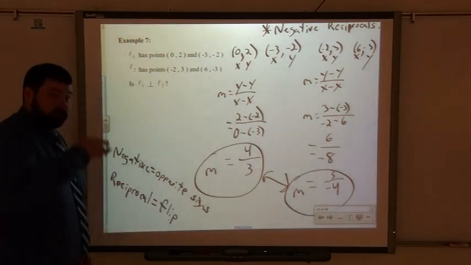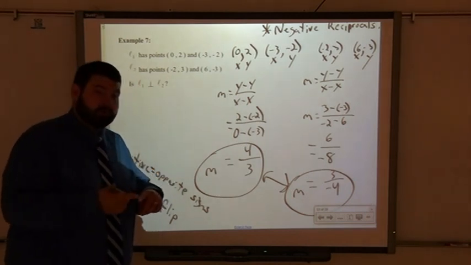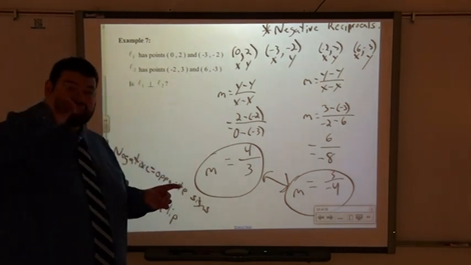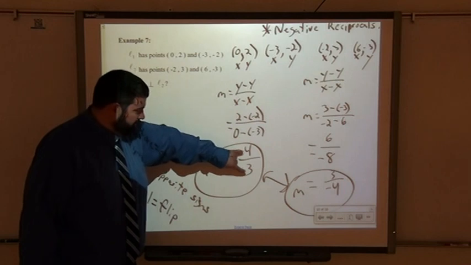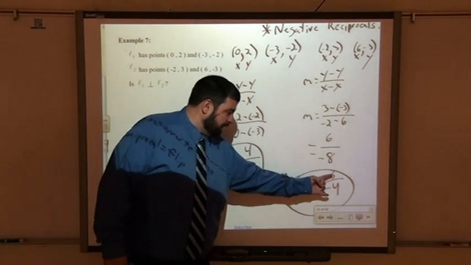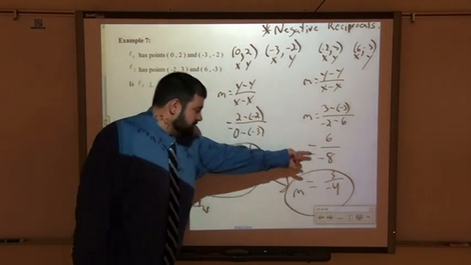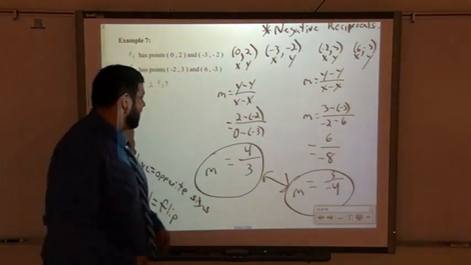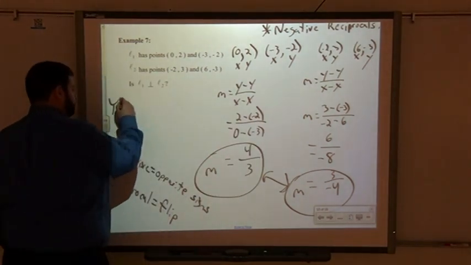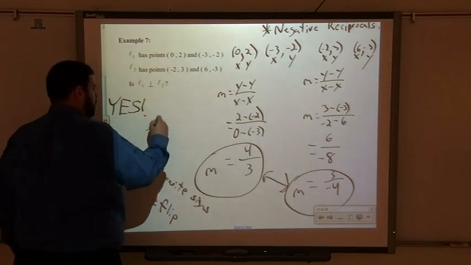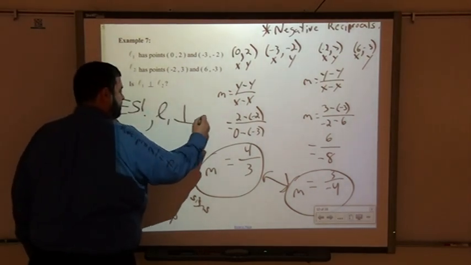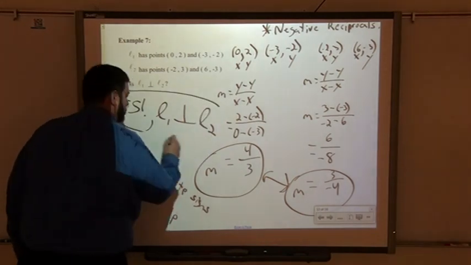So that's what we're looking for, negative reciprocals. We're looking for opposite signs and flips. So if I flip 4 over 3 over, am I going to get 3 over 4? Yes. So they're flips of each other and they're different signs. So yes, I know that L1 is perpendicular to L2.